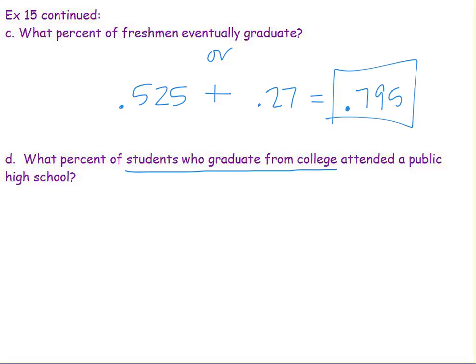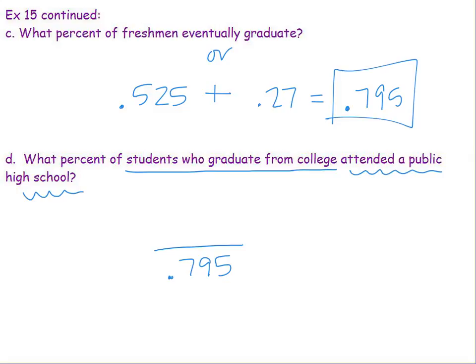So we need to start with what percent of students graduated from college. Well, that was the number we just found in the previous part. All students graduating was 0.795.